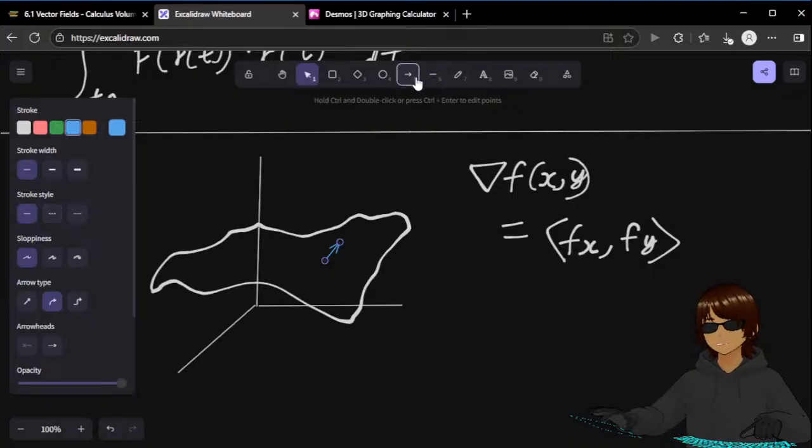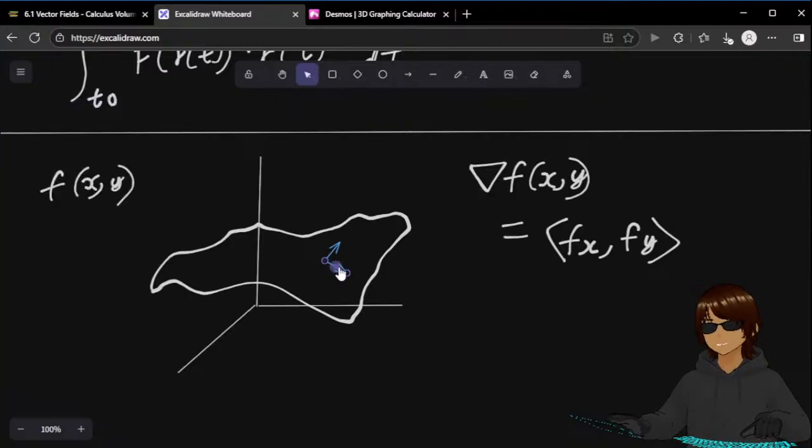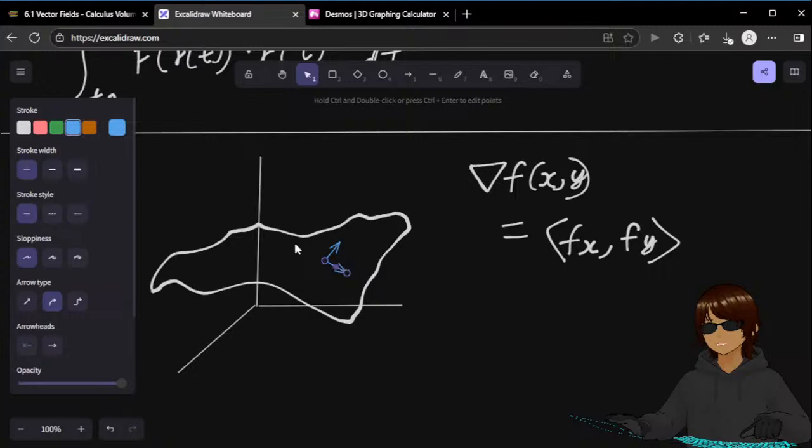Let's say the change in f is going downwards. f is decreasing for an instantaneous change in y. f is slightly increasing for an instantaneous change in x. So a combination of these two vectors would be something like over here, the sum of these two.